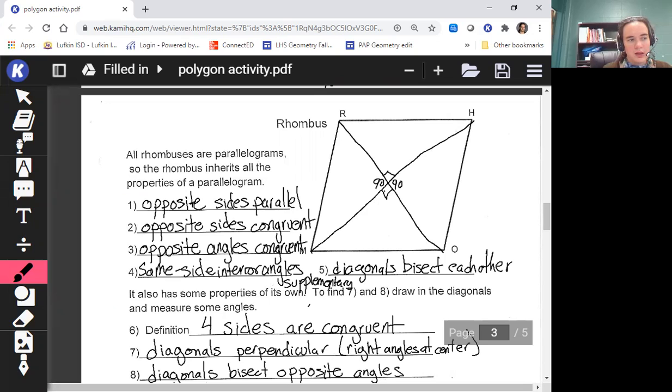So the angle MRH would be congruent to angle HOM. And because the diagonal bisects those 2 angles, you'd have angle HRO, angle ORM, angle MOR, and angle ROH. So this angle, this angle, this angle, and this angle would all be congruent. The same thing would happen on your other set of diagonals. So you'd have another 4 angles that were congruent.